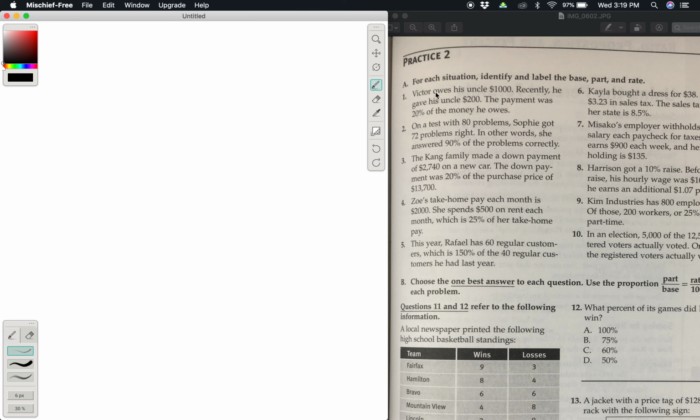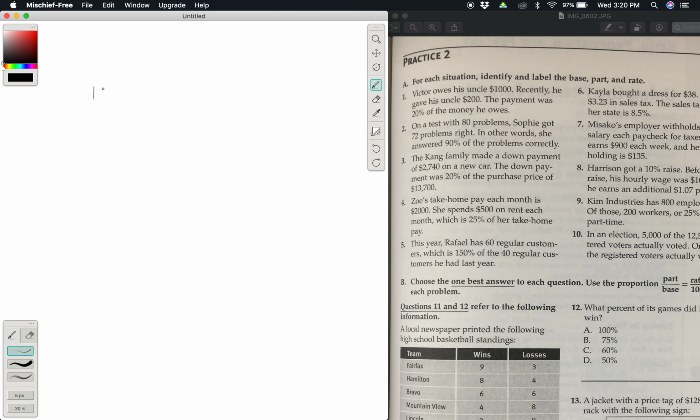So, for example, Victor owes his uncle $1,000. Recently, he gave his uncle $200. The payment was 20% of the money he owes. Basically the base is the part that is the foundation. Victor owes his uncle $1,000.